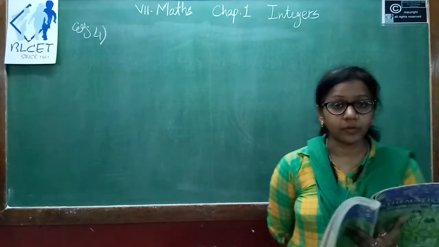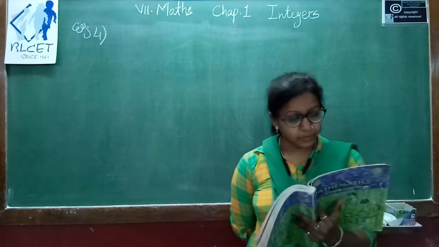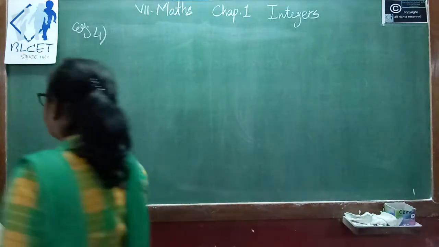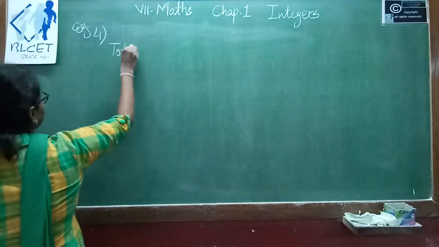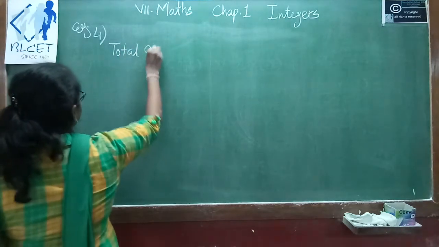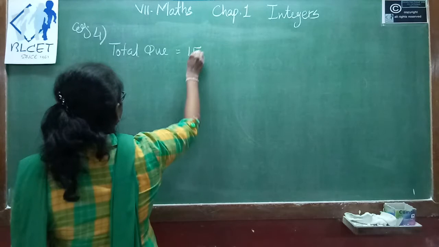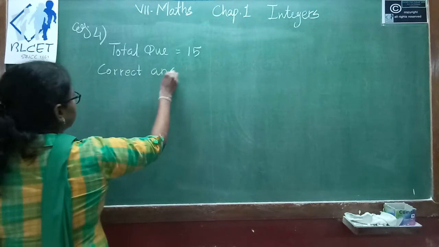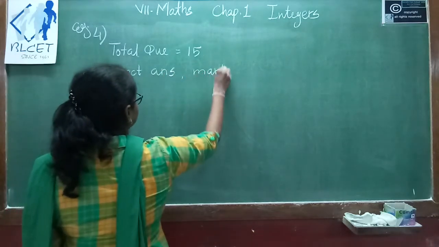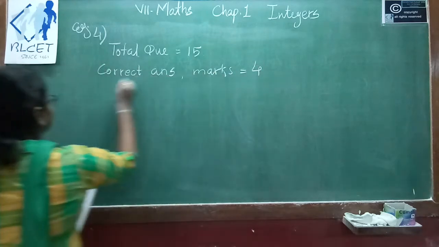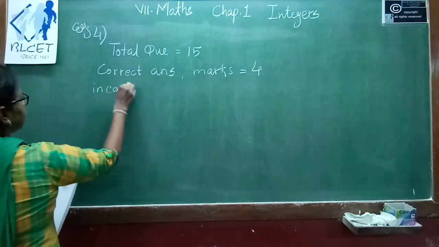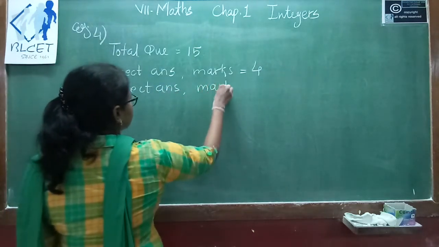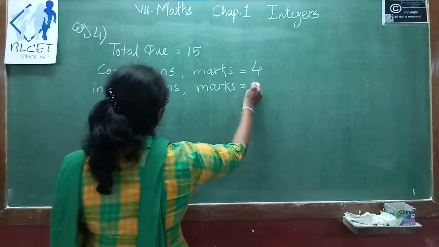So here, students, you have to understand that total questions are 15. Whatever data are given, first you have to list it out. Total questions are 15. For a correct answer, marks given is equal to 4, and for an incorrect answer, marks given is equal to minus 2.